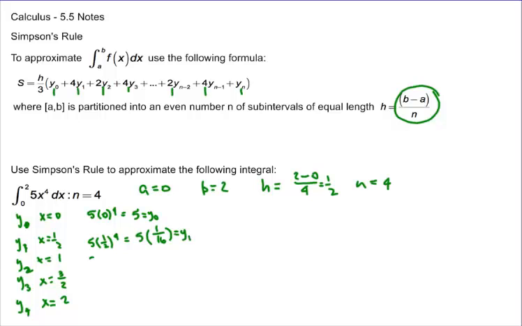y2 is going to be 5 times 1 to the 4th, which is, wait a second, this guy right here should be a 0. This guy right here is going to be 5. Then I'm going to have 5 times 3/2 to the 4th.